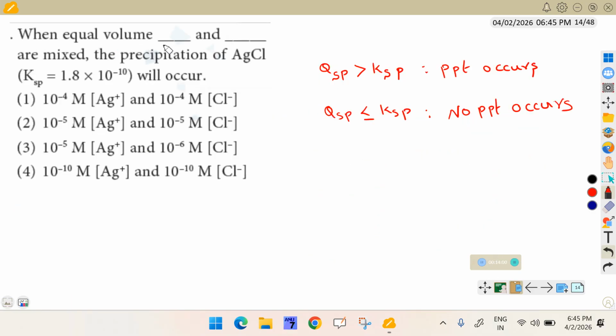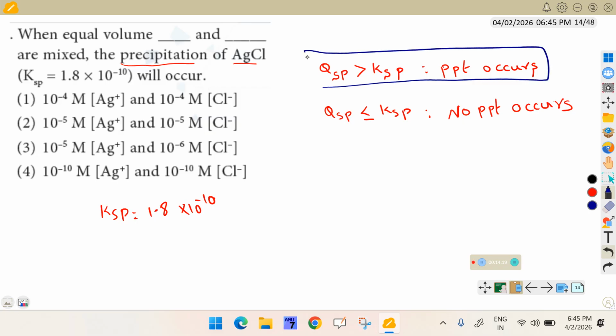When equal volumes are mixed, the precipitation of AgCl. Ksp value is given. Ksp value is equal to 1.8 into 10 power minus 10. When PPT is obtained, QSP is greater than KSP, then PPT occurs. Calculate QSP value.